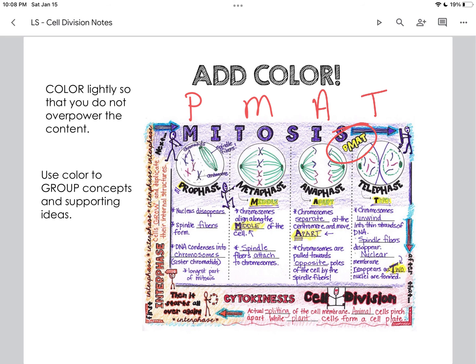P-M-A-T. Prophase. The spindle fibers start to form. Nucleus disappears. DNA turns into these little chromosomes. And each chromosome at this time is made up of 2 centromeres. Then M for metaphase, they line up in the middle.